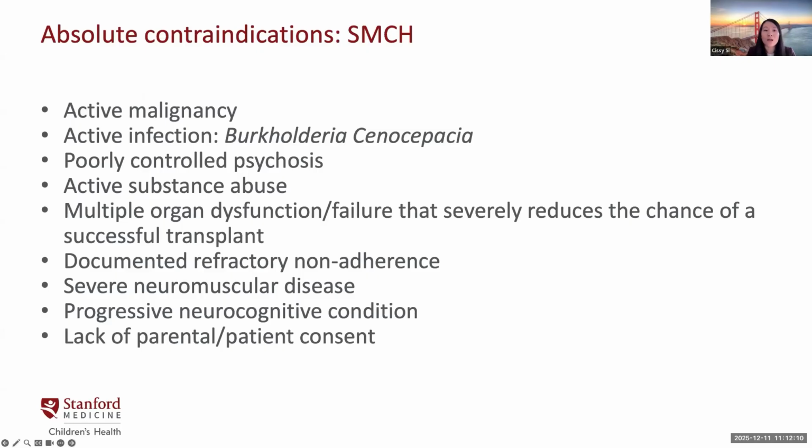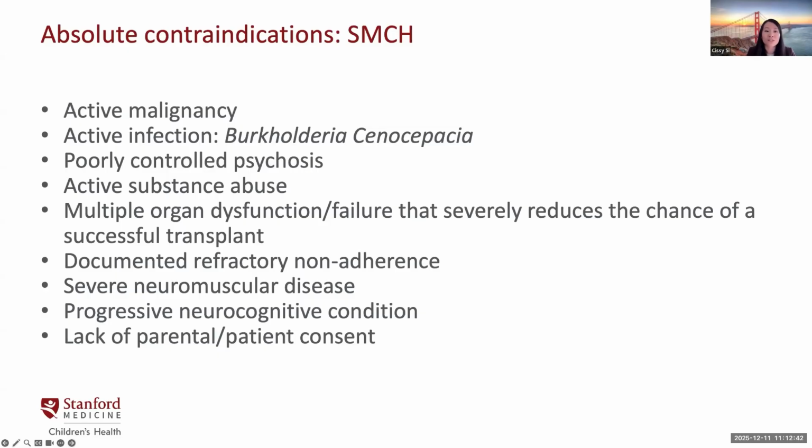And thinking about who we would not offer lung transplantation, these are absolute contraindications at our center. This might vary some from other centers across the nation, but in general are pretty consistent from center to center. So this includes patients with active malignancy. Burkholderia cenocepacia in the CF population, if there are concerns for active infection, that is an absolute contraindication.